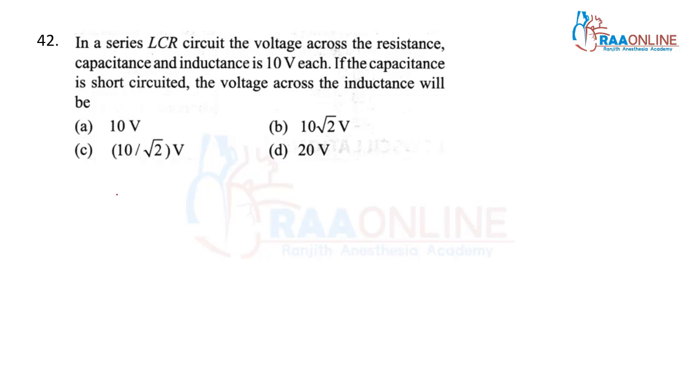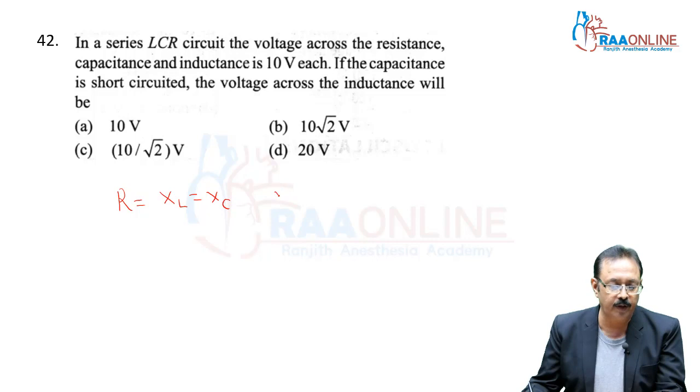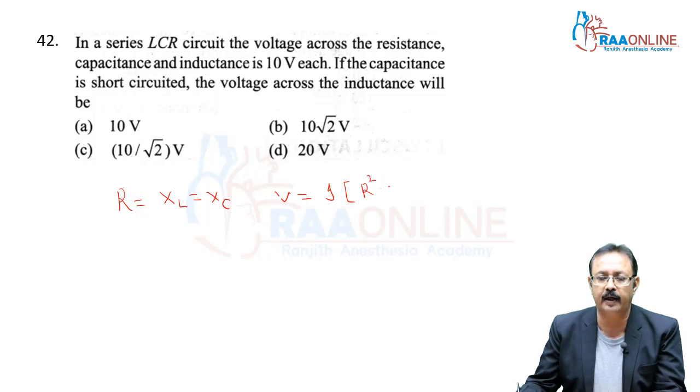It means all resistances are same. R is equal to XL is equal to XC. So what total voltage did we apply? I into R, which is (R square plus (XL minus XC) whole square) raised to the power 1 by 2.